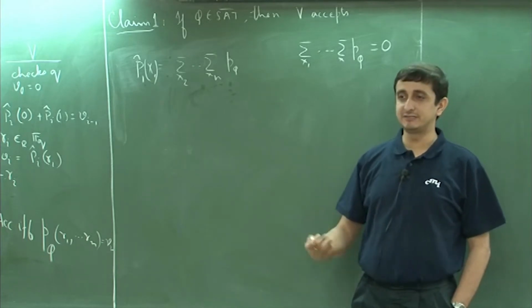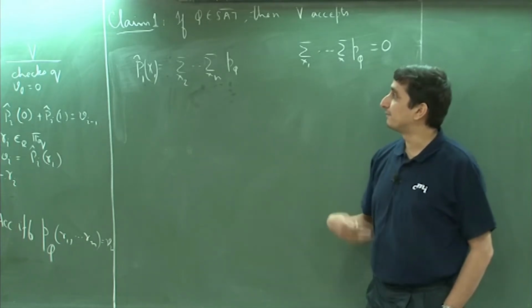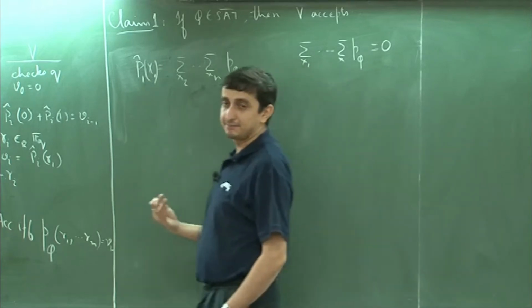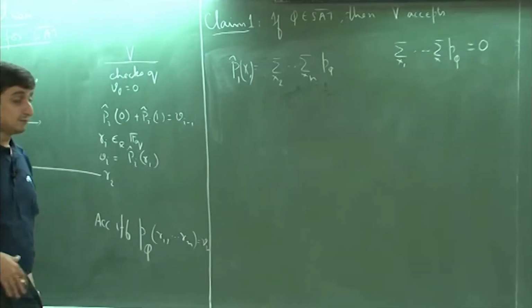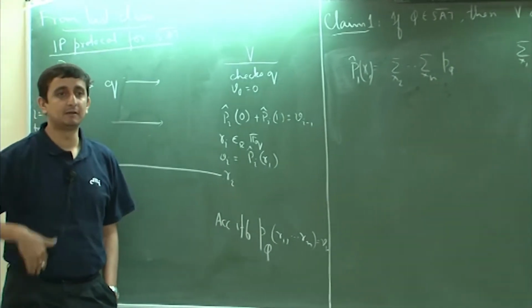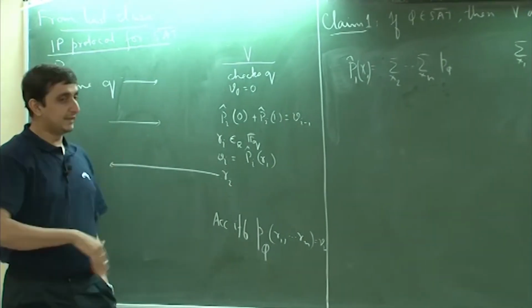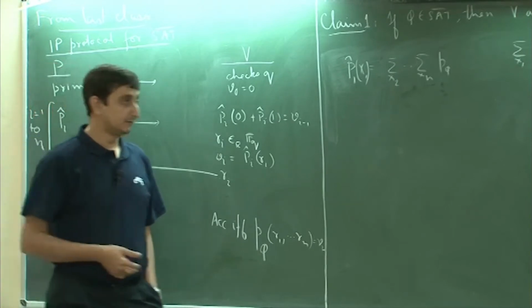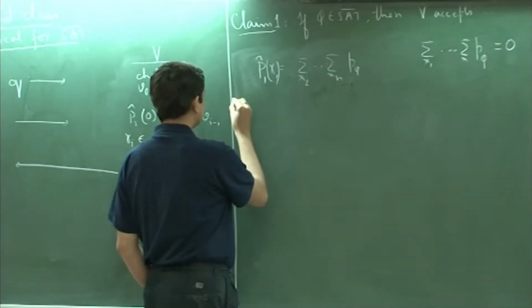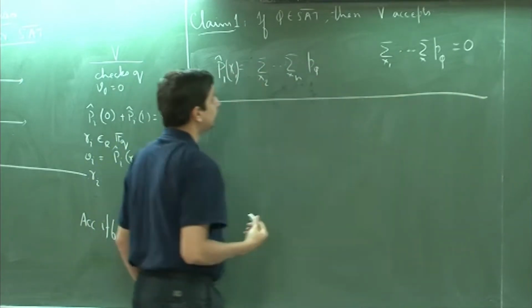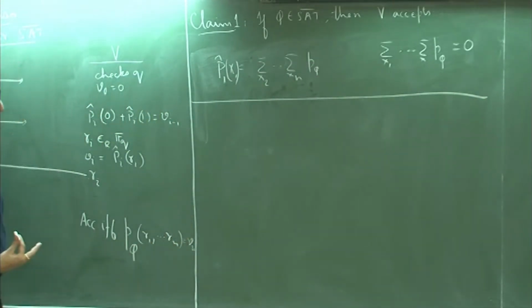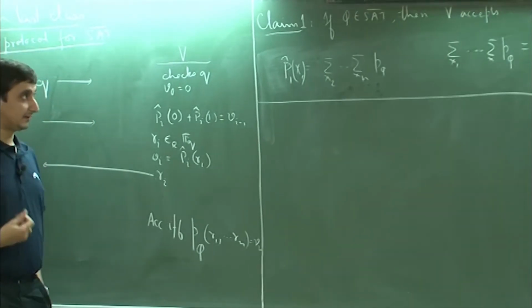So, the prover will try to cheat. He will try to send some polynomial, let us say p1 prime, which will fool the verifier, and it will take the thing to the next iteration. So, that is what we have to compute: the probability with which the prover will succeed in fooling the verifier for all the n iterations.